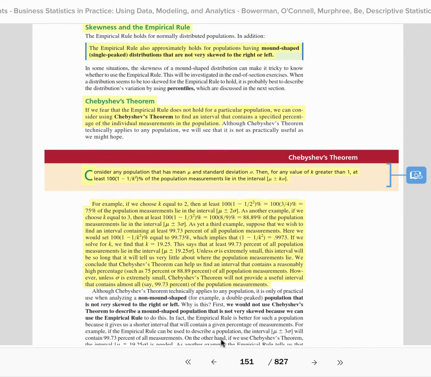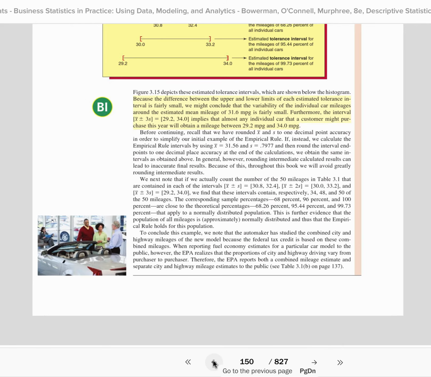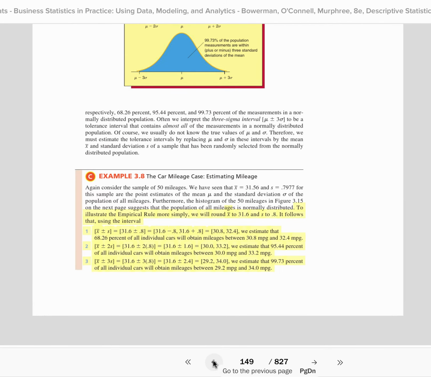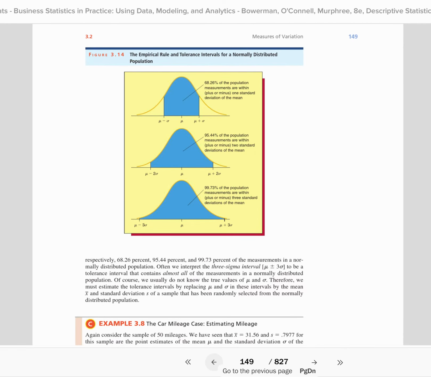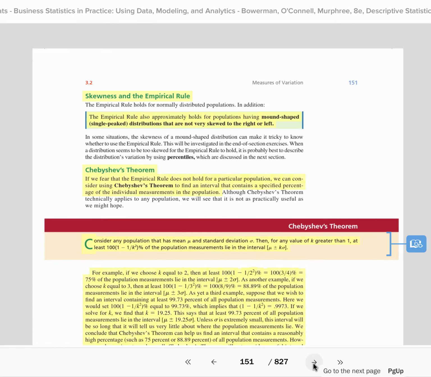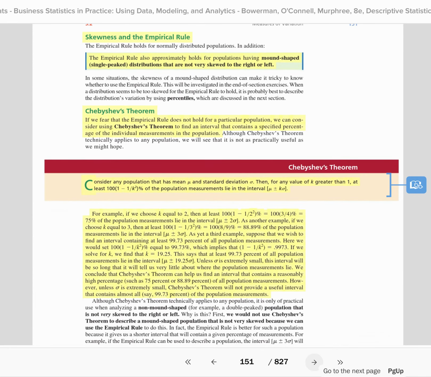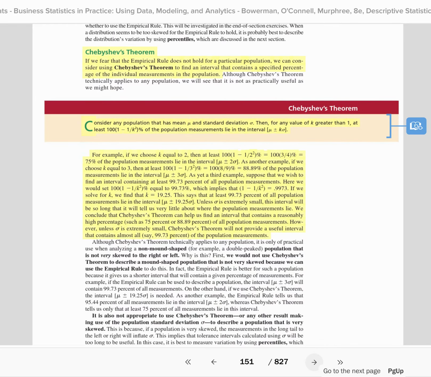As you can see, that is a different number than what we got with 2 standard deviations in the empirical rule, where we were able to get 95.44%. So we are losing some of the population, but we don't have another way to calculate it, just because the data is not perfect for the empirical rule.